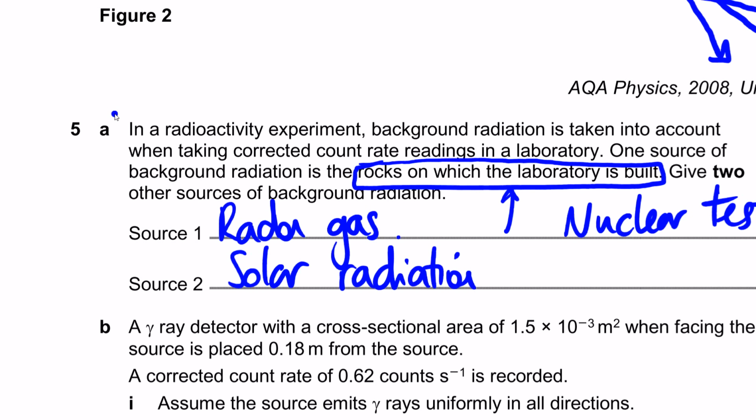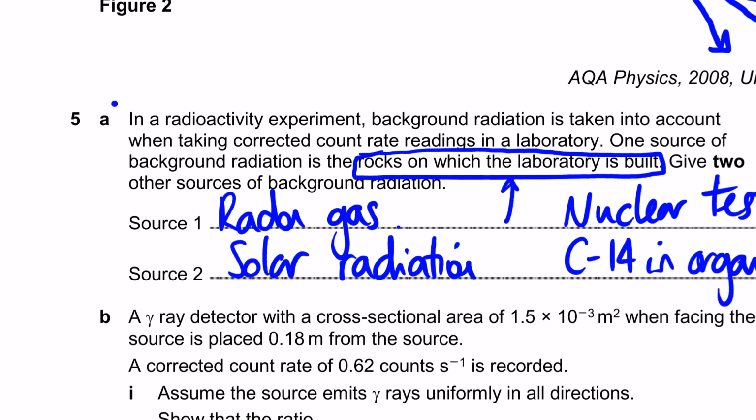The amount of radioactive stuff in the atmosphere dropped sharply. Talk about carbon-14 in organic matter. You could have leaks. You need to specify this, so this could be like Chernobyl, I think that's spelled right, or Fukushima. You need to be specific with those leaks. But as a whole world, just do not say radioactive rocks, because they've already said it. Both of those for 1 mark.